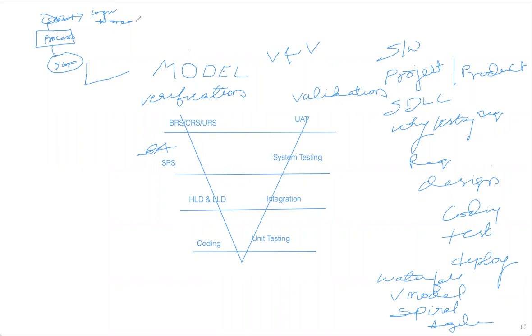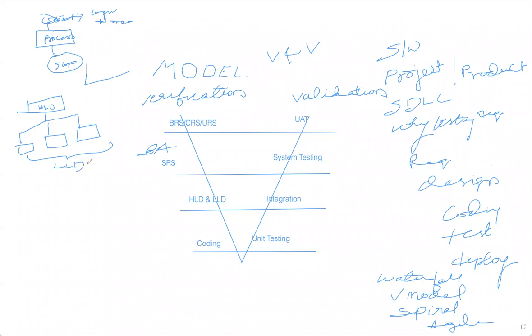The full project is divided into modules: the high level is the main module, and inside it we have the low level documents, which are the submodules. LLD is a part of HLD.